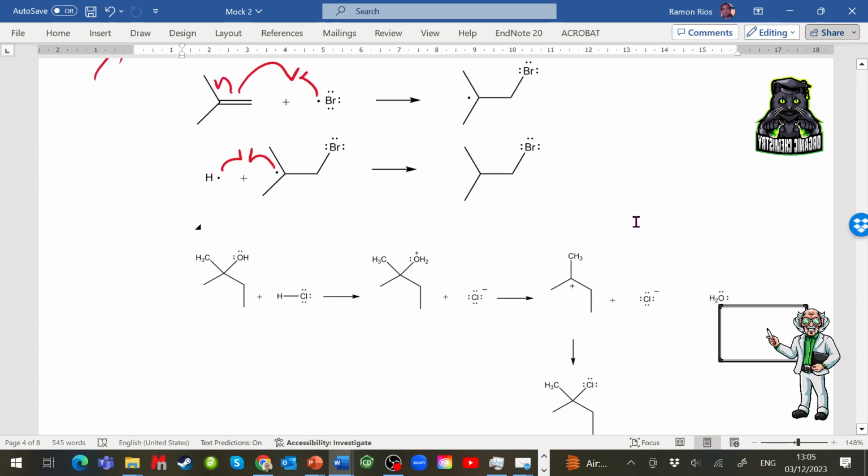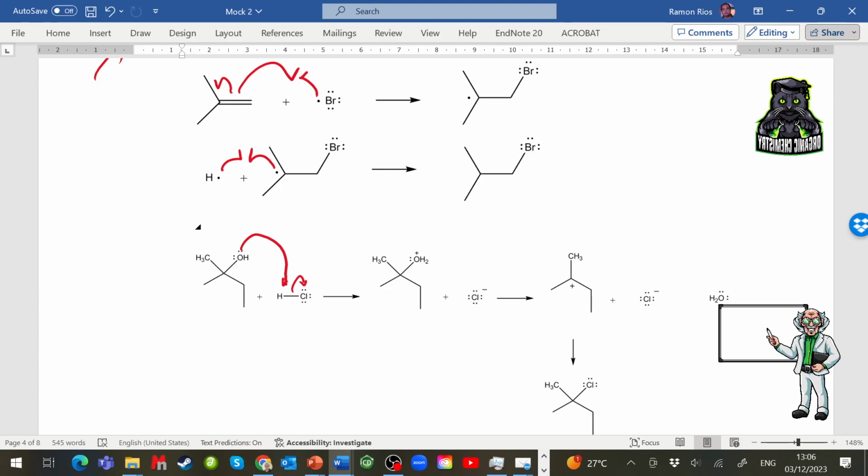Next one. I have an alcohol and I add hydrogen chloride. The pair of electrons of the alcohol takes the proton, and the hydrogen chloride bond goes to the chloride in order to avoid breaking the octet.